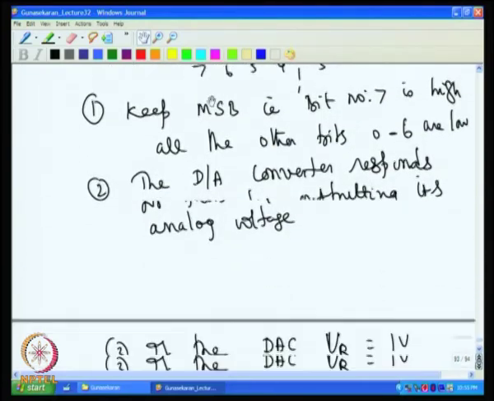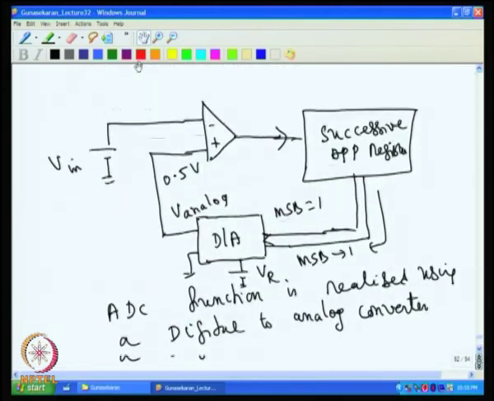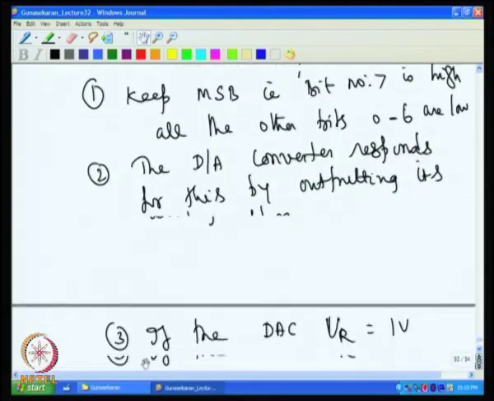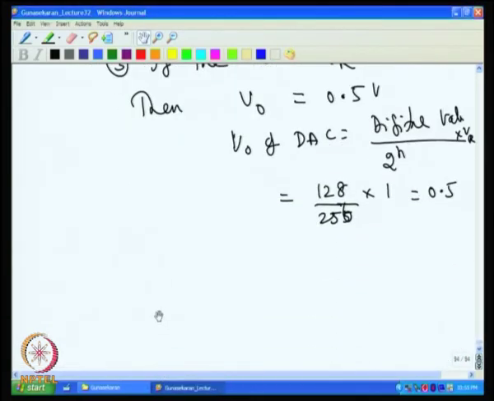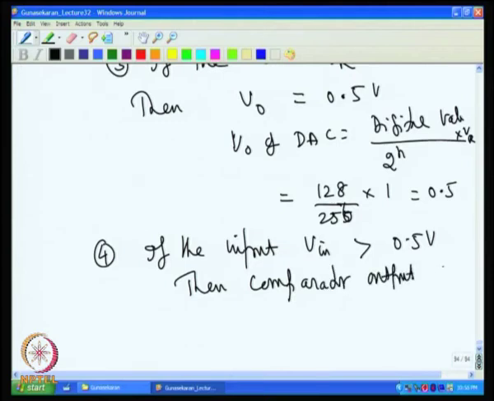If the input V in is greater than 0.5 volt, then the comparator output is 0. Greater than 0.5, output is 0.